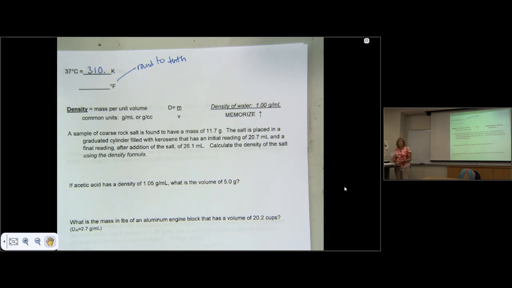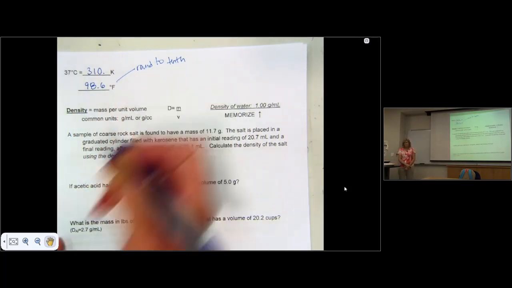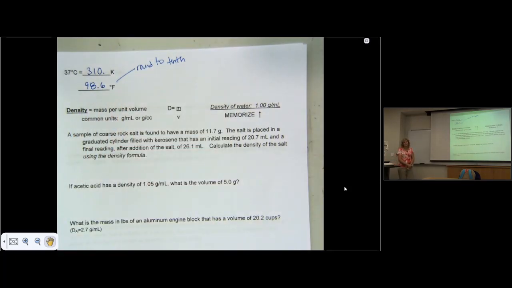What is that? Body temperature, 98.6 degrees Fahrenheit. Question on those? Any questions? I flipped the page. I saw a lot of scrambling. Did you get the last thing here?